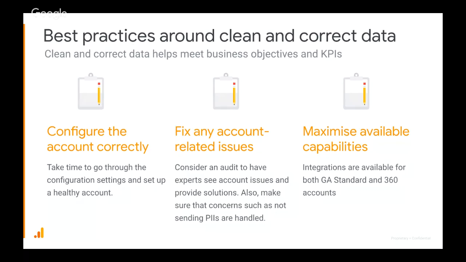Google Ads would be the most basic integration that you could make, especially if you are on the Google Analytics standard platform. On the GA 360 side, you have integrations with Display and Video 360, Search Ads 360, as well as Optimize 360 and other products like Salesforce Marketing Cloud and Salesforce Sales Cloud.